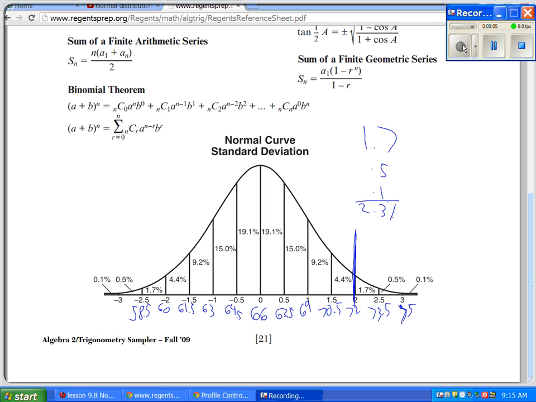If we want to know our percentile rank, 100% minus 2.3 is going to be 97.7%. That's our percentile rank, 97.7.